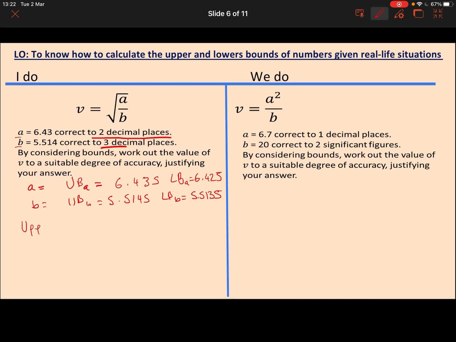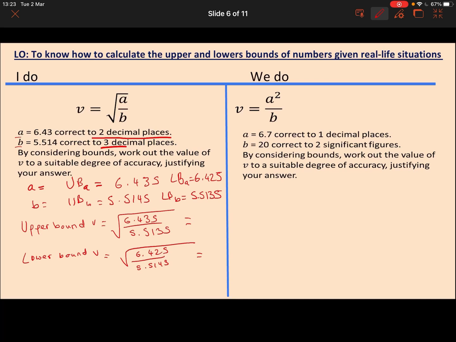So upper bound V equals the square root of 6.435 divided by 5.5135, and our lower bound is going to be the square root of 6.425 divided by 5.5145. So I'm going to just type that into a calculator and work out the answer for this one.